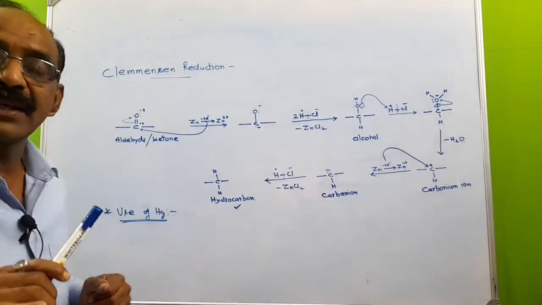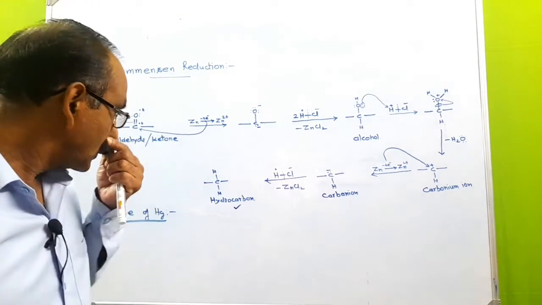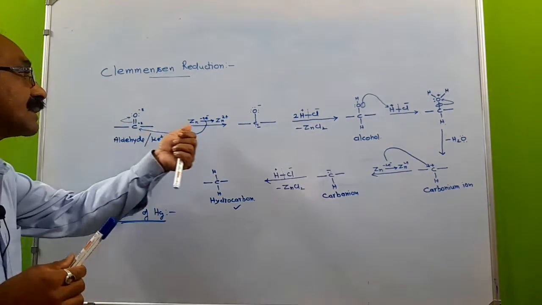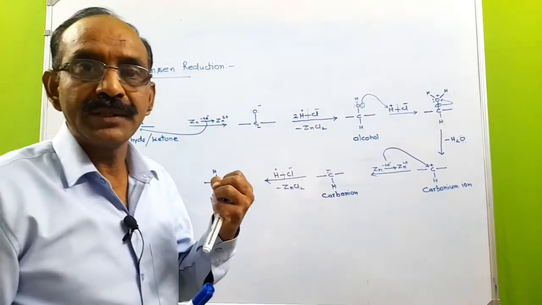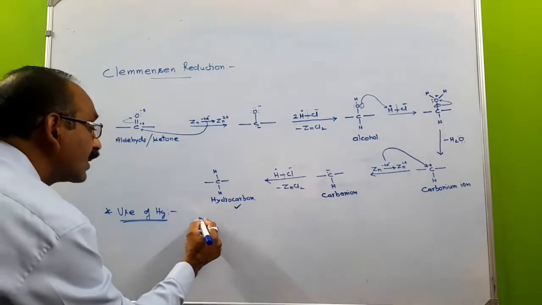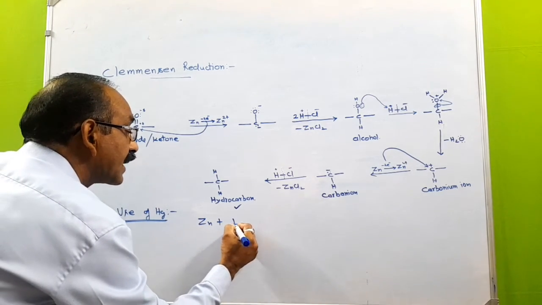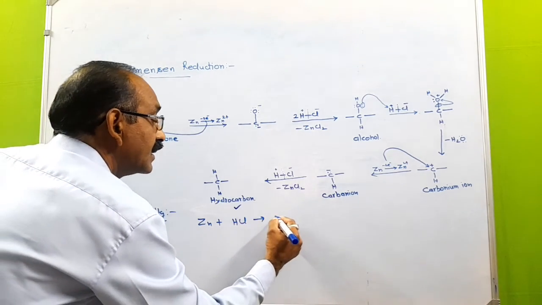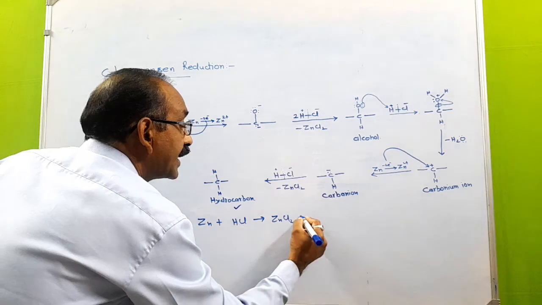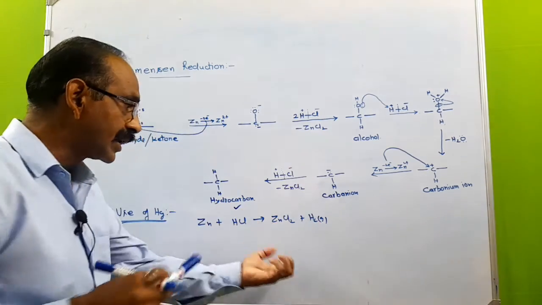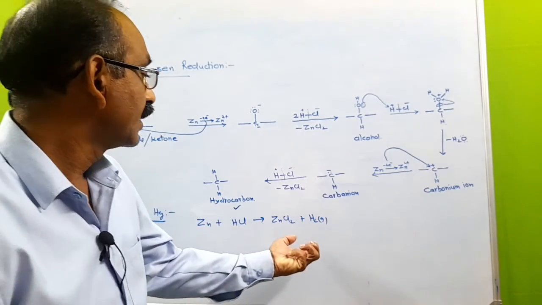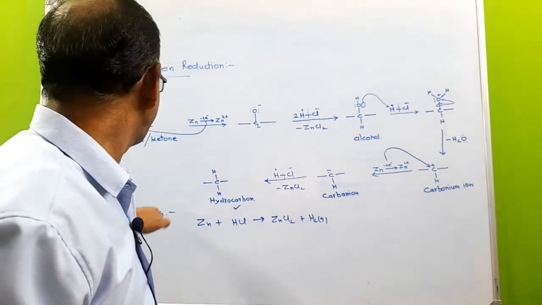So why are we taking mercury here? So actually what happens here, this mercury traps the hydrogen which is obtained by the reaction of the zinc and HCl. See here, active hydrogen gas is released. So in order to trap this hydrogen gas, mercury is taken here.